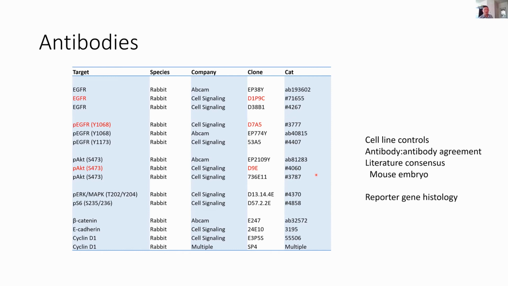In my experience, it works less well when I expect to see AKT activation in the mammary gland. It's super clear in the prostate, but a little muddier in the mammary gland. But I have a little bit less experience with some of the others. Well, we use EGFR quite a bit, and that works well. But I don't know what the clone is. But I'll be happy to go back and check.